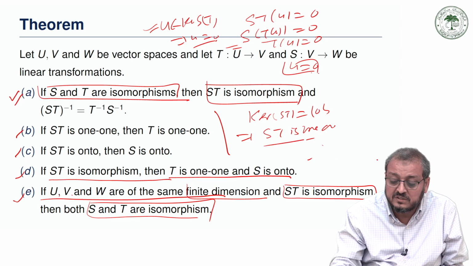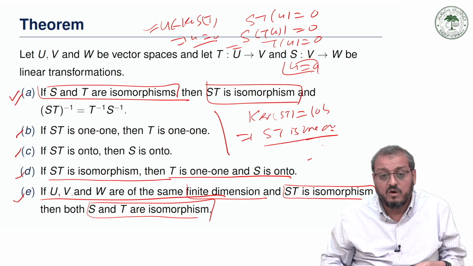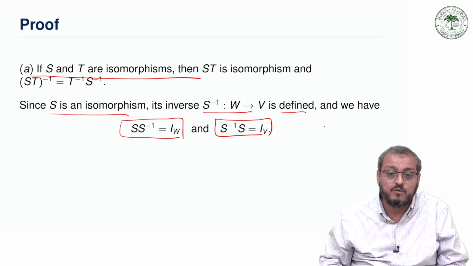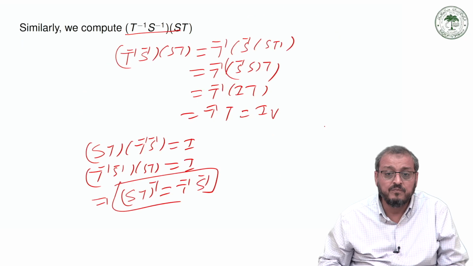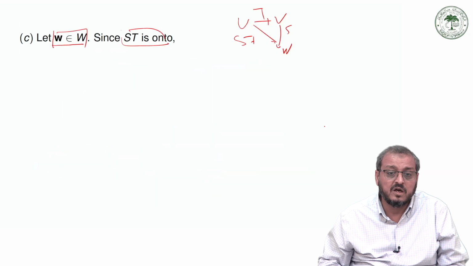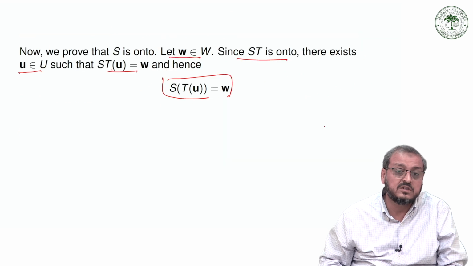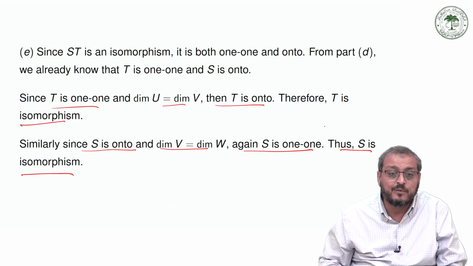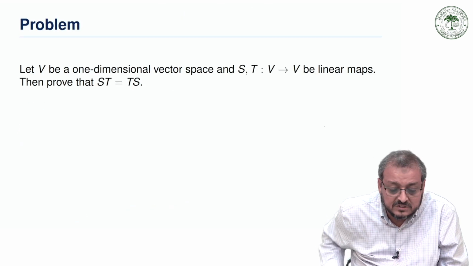I already showed that ST is 1-1, and okay, this completes the proof of this theorem. So now I just try to discuss one small problem before closing this session.